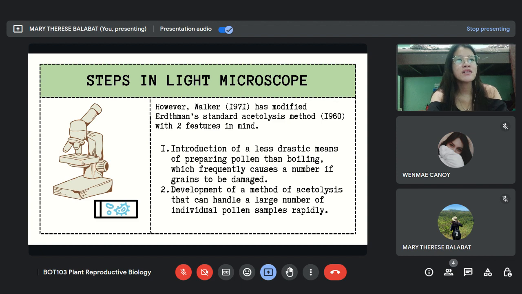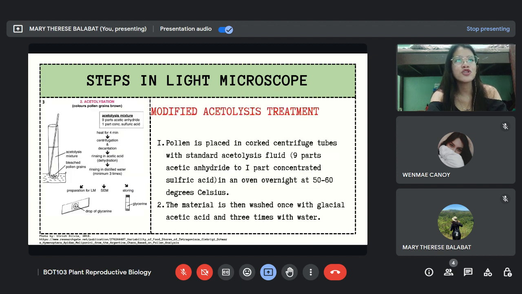So, in his modified acetylysis, the pollen is placed in cork centrifuge tubes with standard acetylysis fluid, 9 parts acetic anhydride to 1 part concentrated sulfuric acid, in an oven overnight at 50 to 60 degrees Celsius.